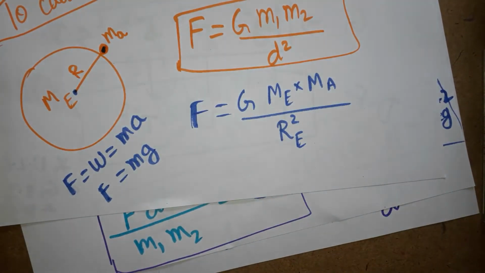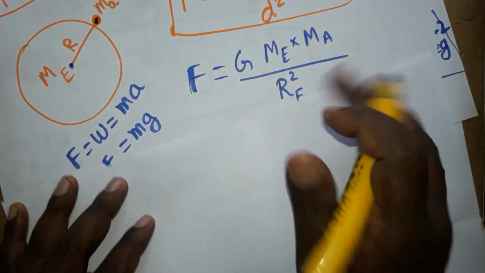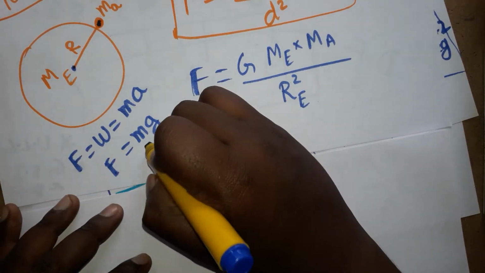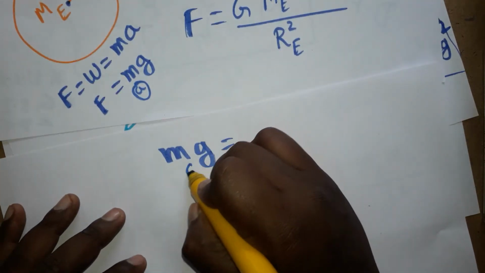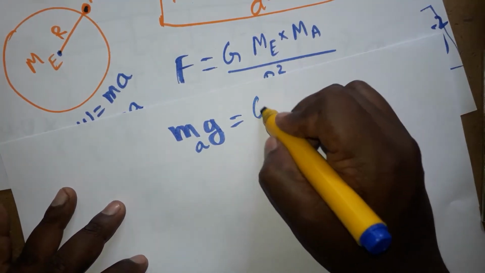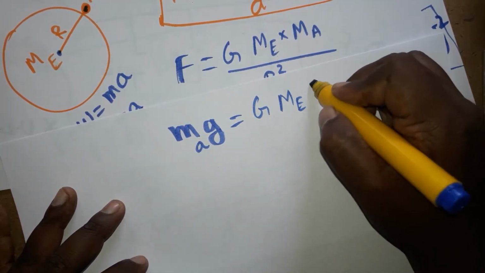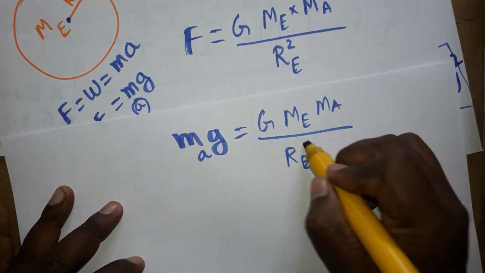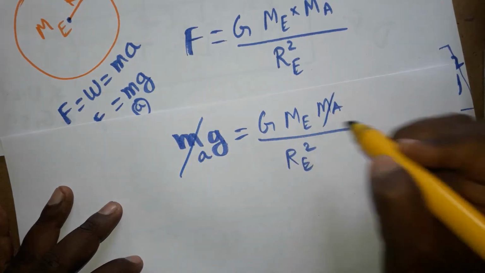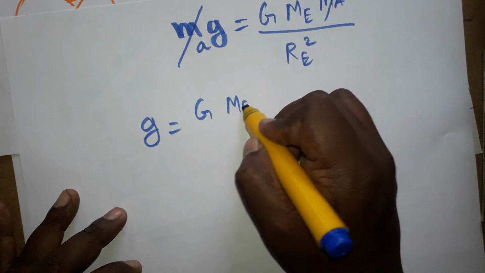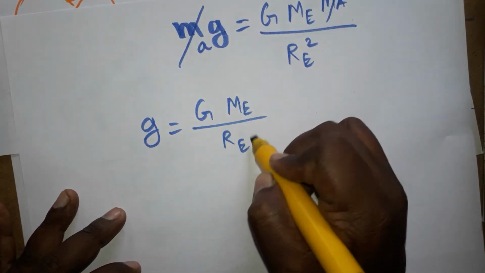The same equation: mg, the weight of the apple, which is mass of apple into acceleration due to gravity, is equal to G times mass of earth, mass of apple, divided by radius of the earth square. The mass of the apple gets cancelled, so small g is equal to G times mass of the earth divided by radius of the earth square.